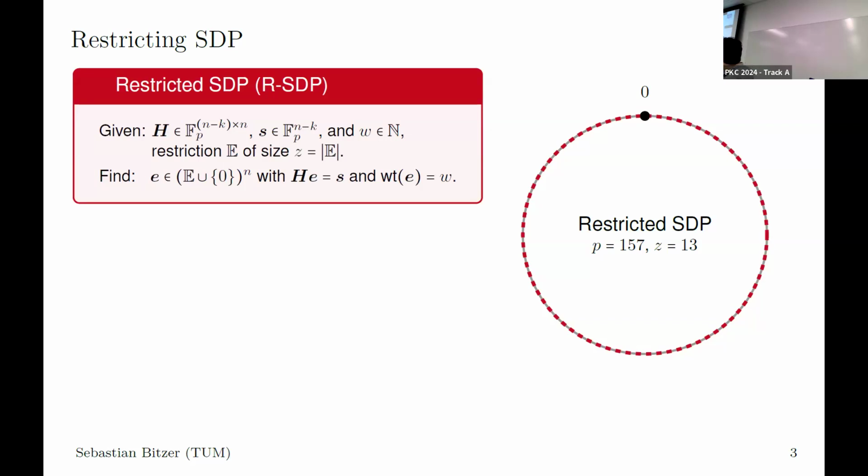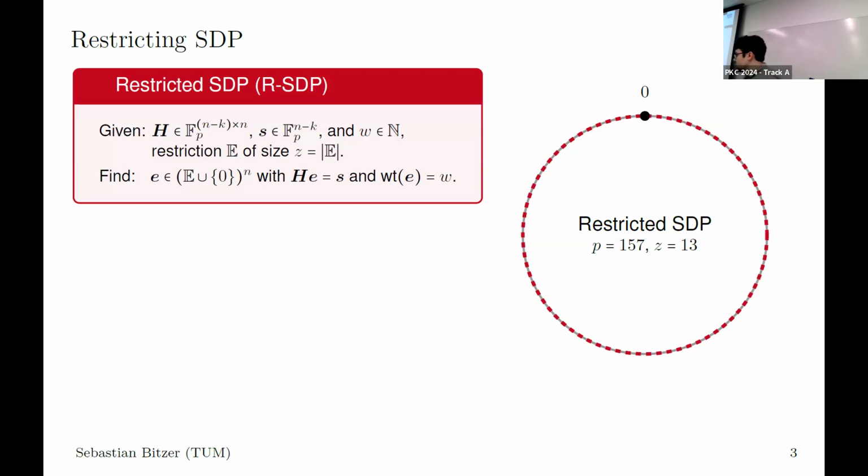An error is now only valid if it also has only entries in E, apart from its zeros. So, of course, within this restricted variant, we can recover the classical SDP by putting all our non-zero field elements in our restriction. But if we choose a smaller value for z, we also have a hard problem. And for smaller values of z, we can actually increase the error rate.